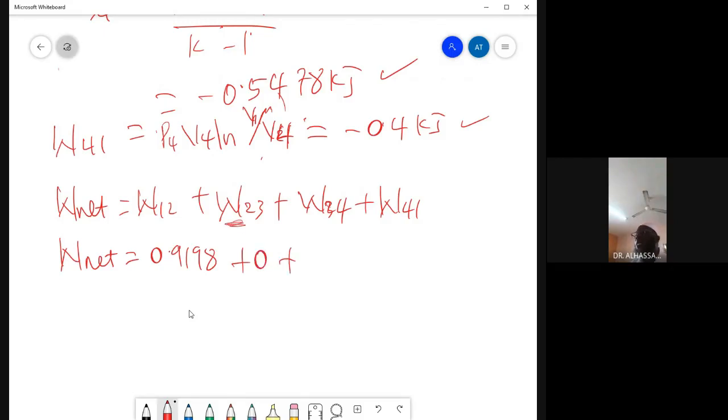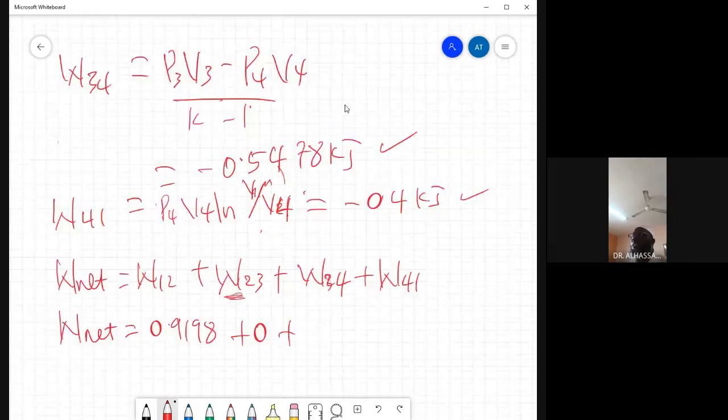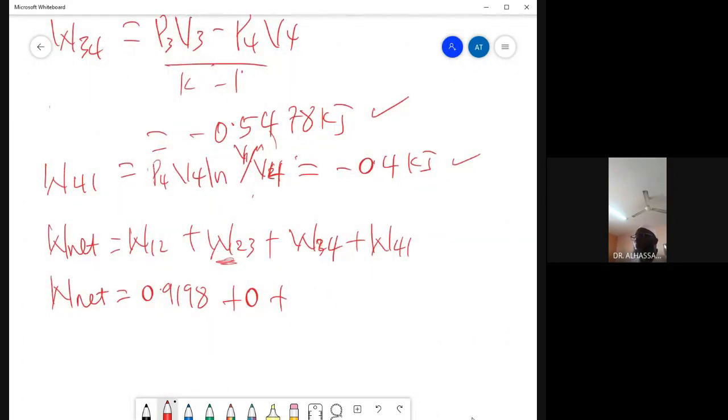So W net is 0.9198 plus 0 plus W34, which gives us minus 0.5478, and then minus again 0.4. So what is the final answer?